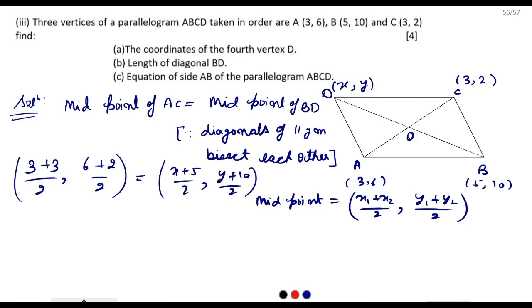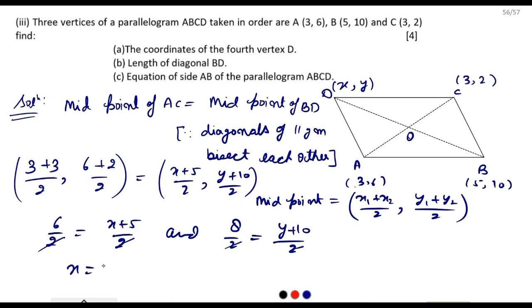Now we are equating x coordinate with x coordinate and y with y. It is 6 upon 2 is equal to x plus 5 upon 2 and 8 upon 2 is equal to y plus 10 upon 2. x is equal to 1 and y is equal to minus 2, means coordinates of D are 1, minus 2.